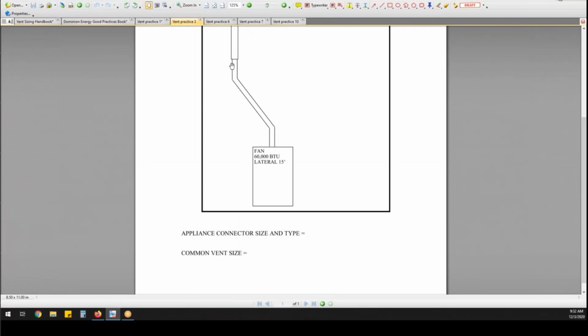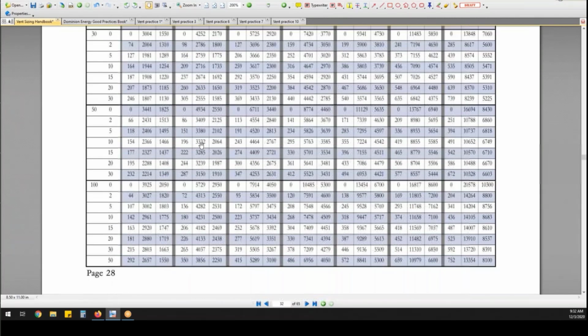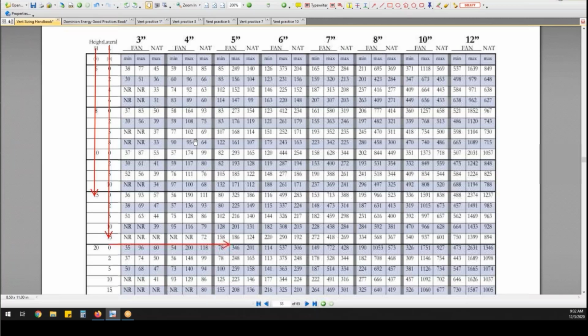So I wanted to change from here to single wall. So I go over to the book. I know I can do it all with double wall, but can I do it with single wall? Nope, I can't. 4-inch won't work, okay? Because I'm on the fan min-max, it says right there, not recommended. That means you can't do it.